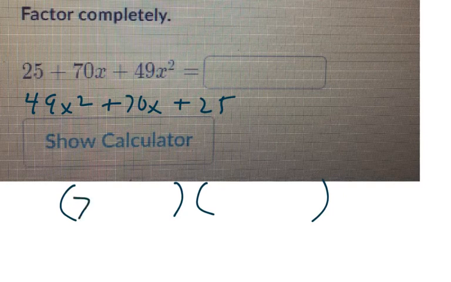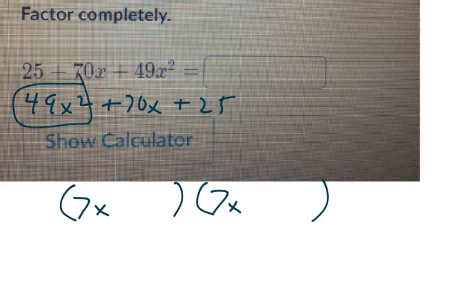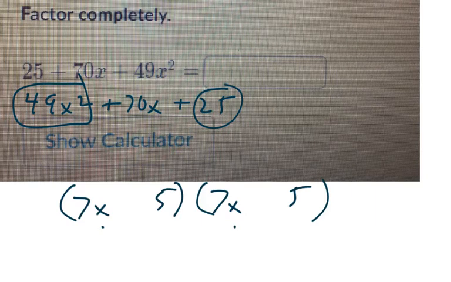I know 7 times 7 is 49. Don't forget the x's, of course. I know 25 is 5 times 5. And let's check our inner and outer loop. See, the 5 times 7 here, guys, is going to give me 35x.